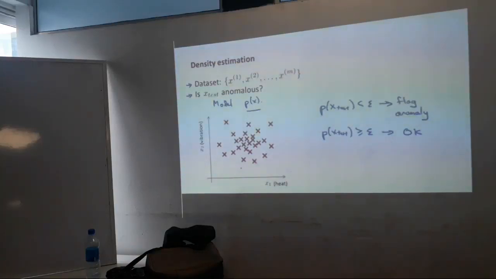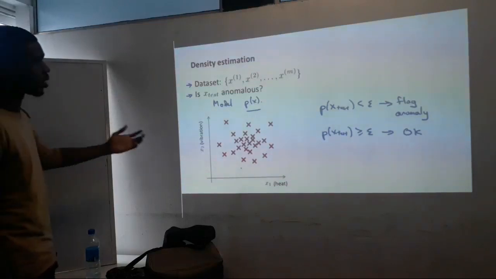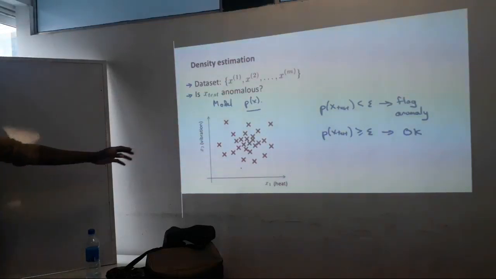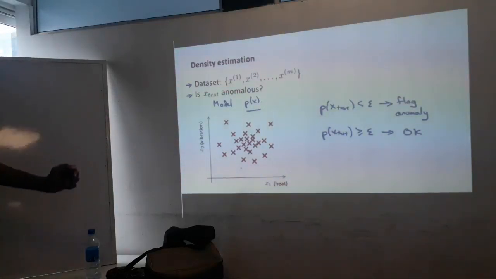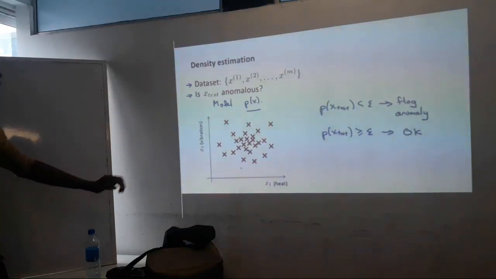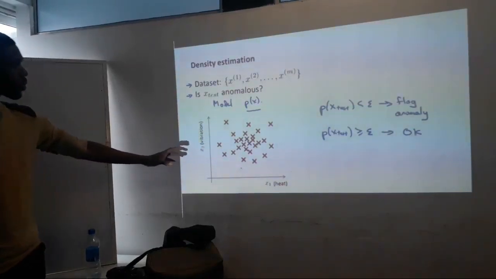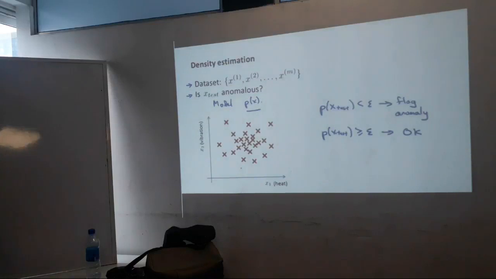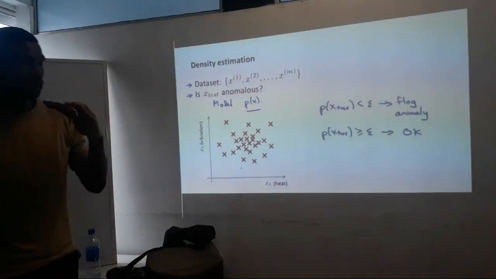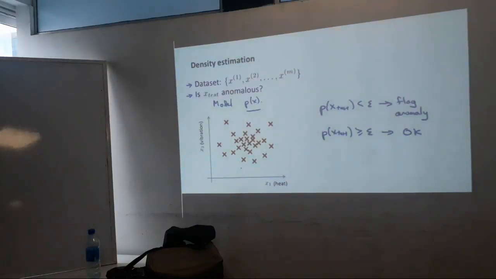So basically, the logic behind it is that you build a model. We'll come to talk about density estimation. You build a probabilistic model. When you bring in your test sample, or your test engine, if it goes beyond a particular threshold, you say it is okay.